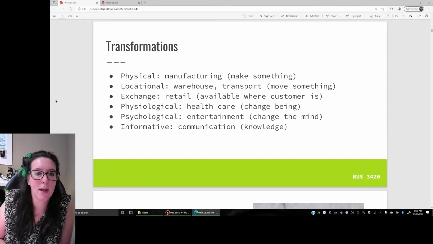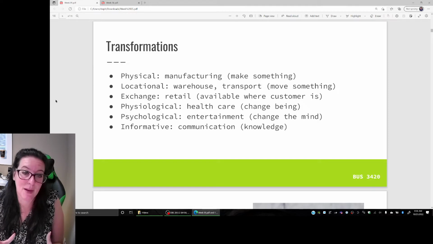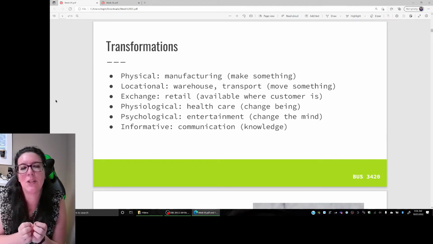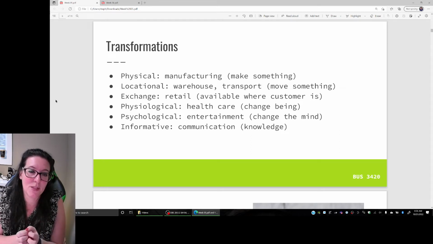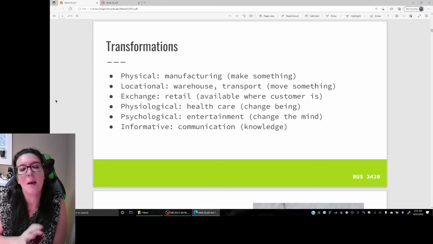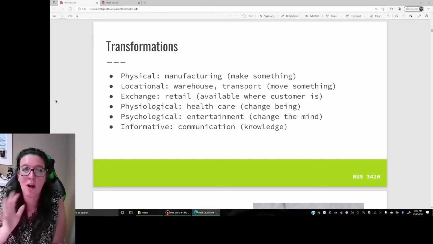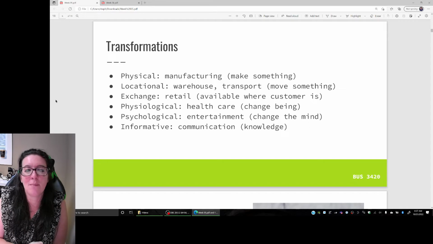When it comes to transformations, you could make something. People are paying you to take raw materials and turn them into a final product. That's a physical transformation. So we make a can of Coke, it's a physical transformation. Your company could also provide locational transformation. So you move something. You are not the maker, maybe not even the seller, but you are responsible for either storing or moving.